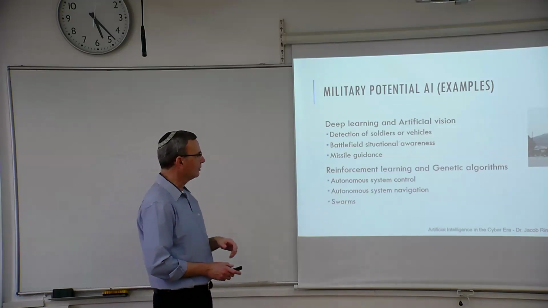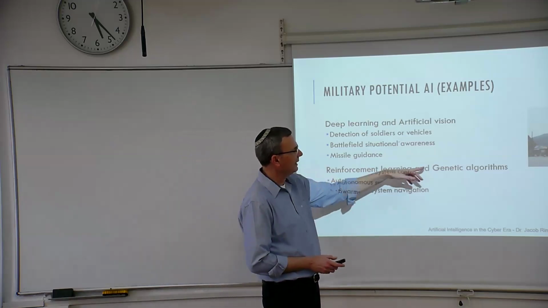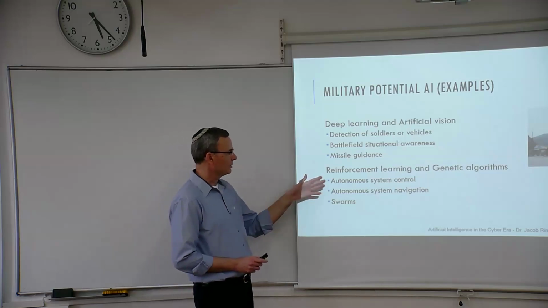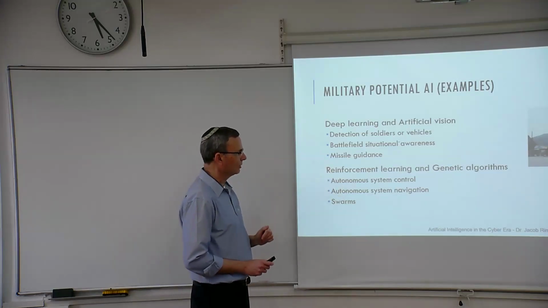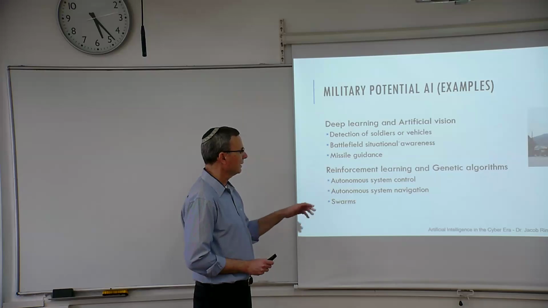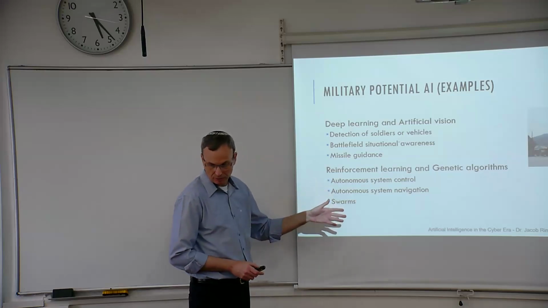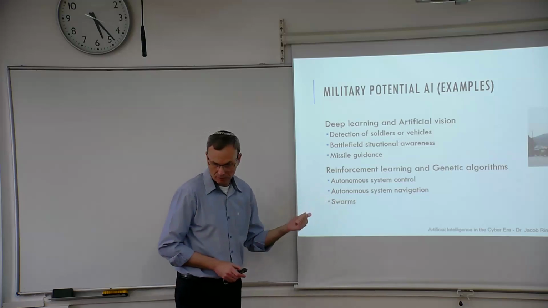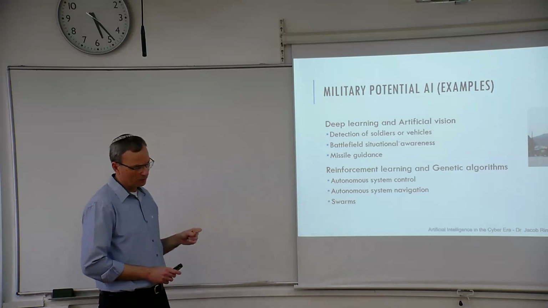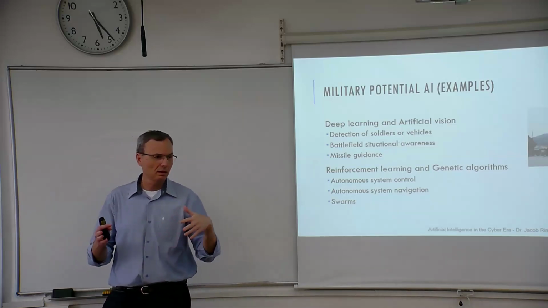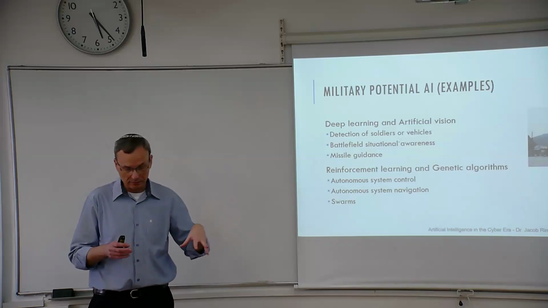If I also add reinforcement learning and genetic algorithms that I spoke about today, then I also have autonomous system control for those robots, system navigation, and also the concept of swarms, which I'm going to speak about in a minute, I think. Swarms are a combination of many robots working together.